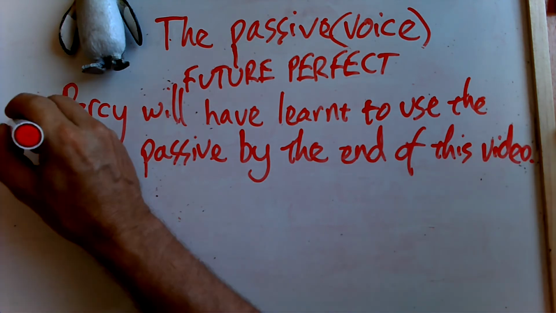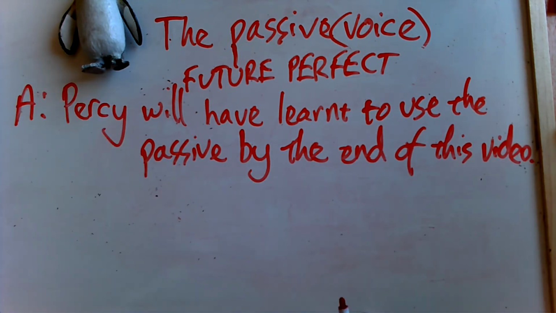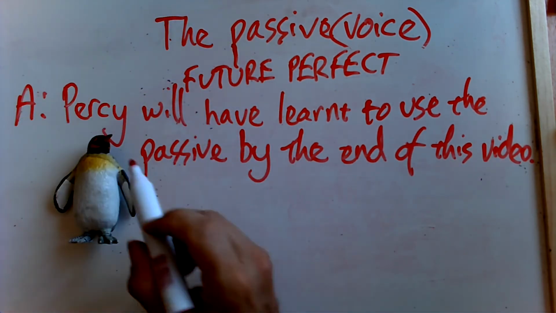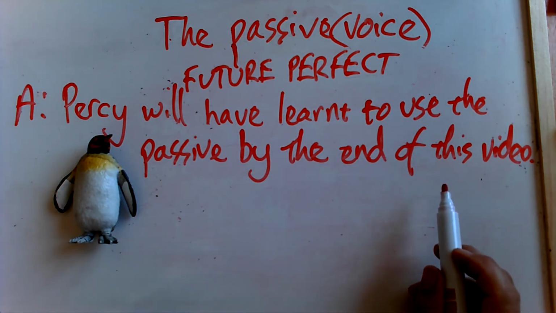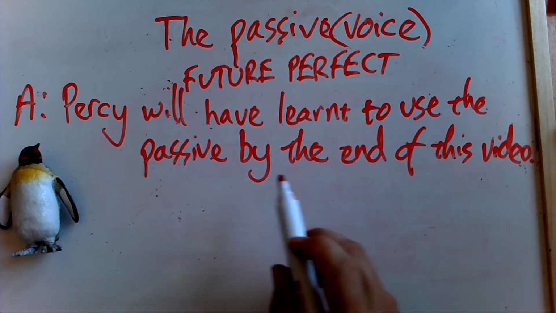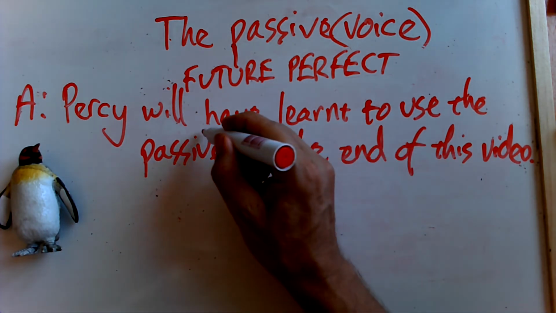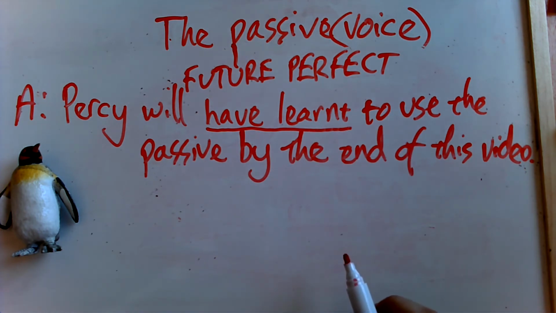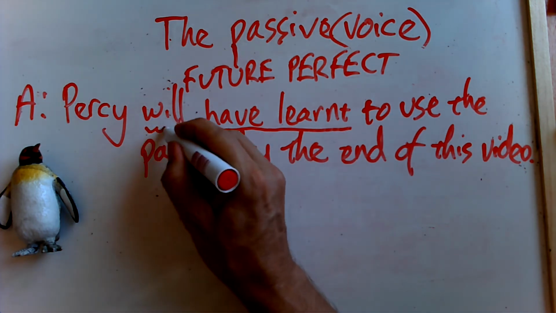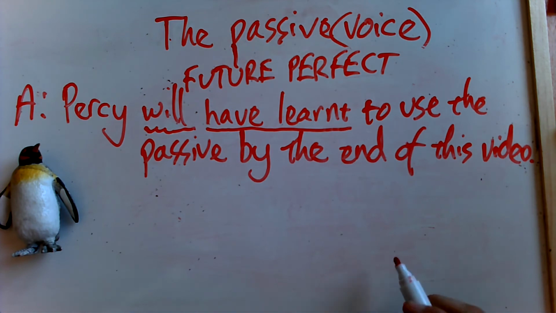The active form of the sentence: Percy will have learnt to use the passive by the end of this video. Okay. Future perfect is the same form as the present perfect, have learnt, with will. Okay.